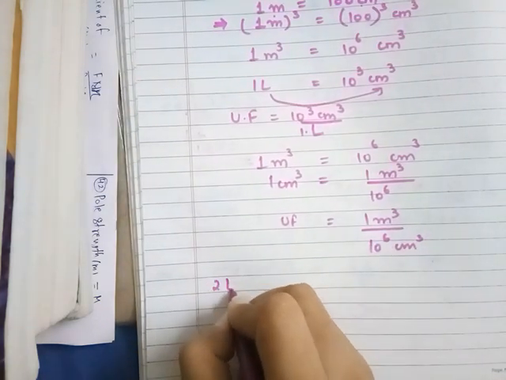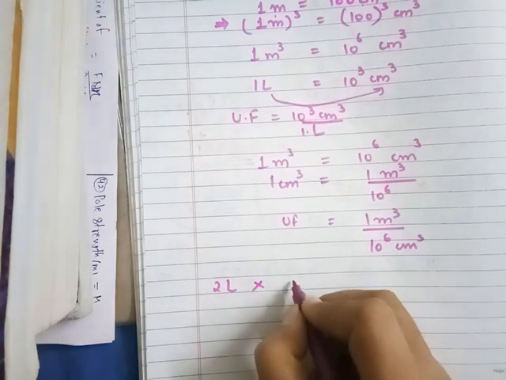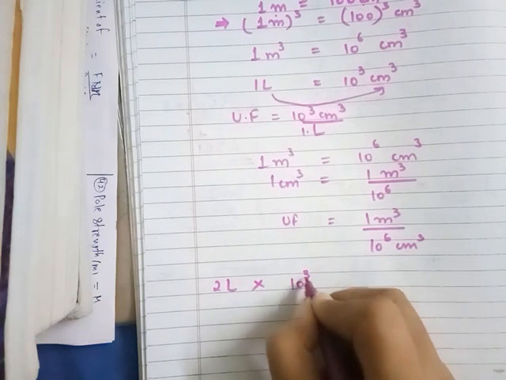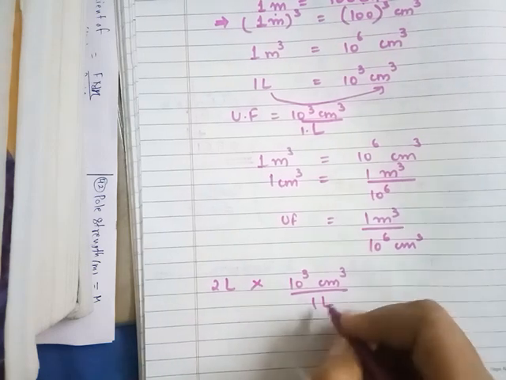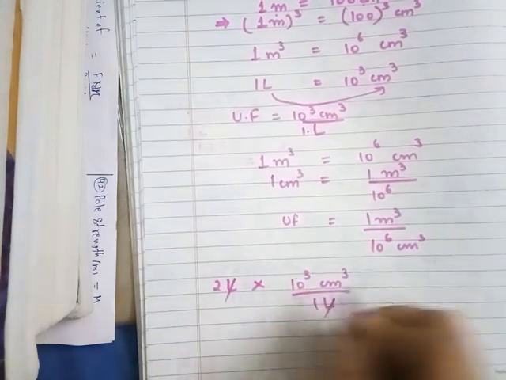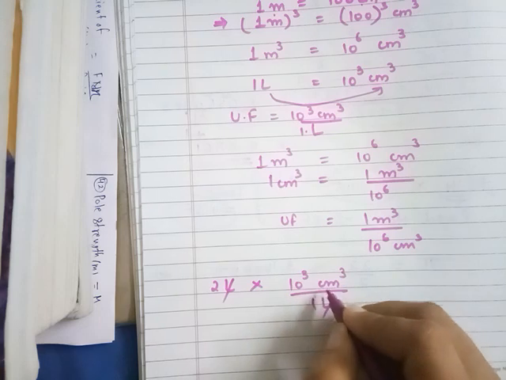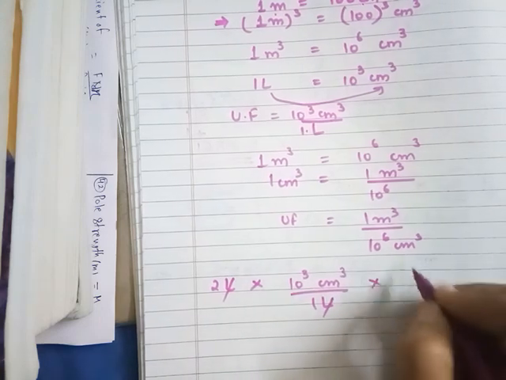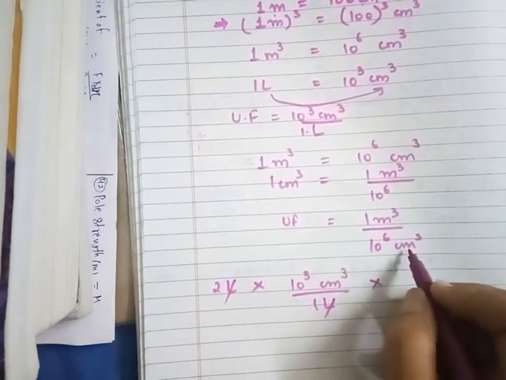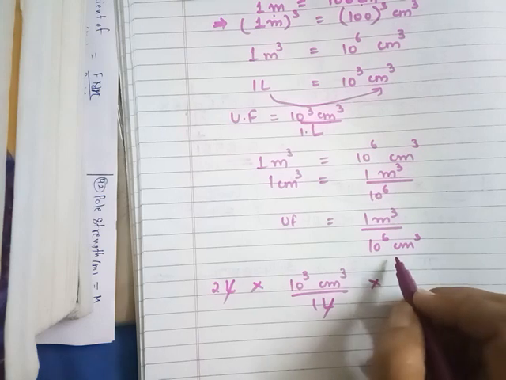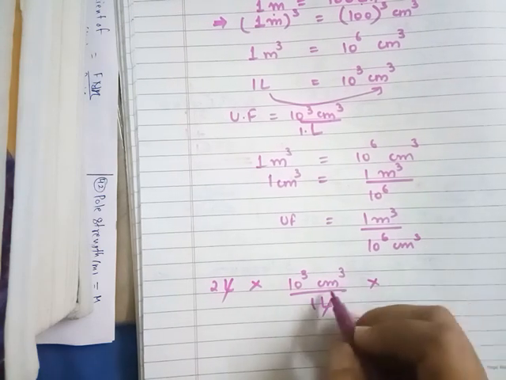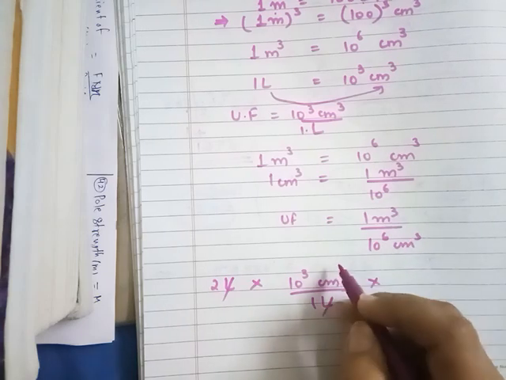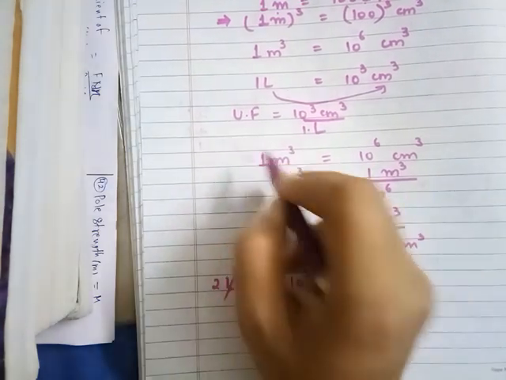So 2 liter is equal to how many centimeter cube? 10 to the power 3 centimeter cube upon 1 liter. So liter and liter will cancel, so this much centimeter cube. And this much centimeter cube is how many meter cube? 10 to the power 6 centimeter cube is 1 meter cube.